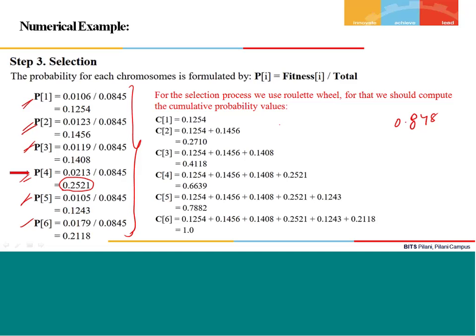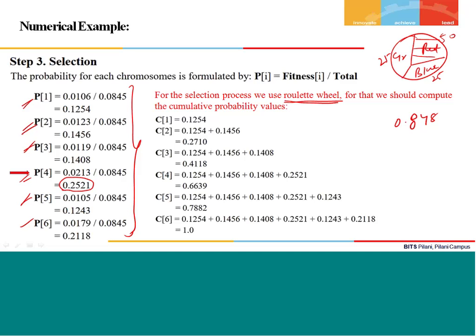There is a selection criteria, and there are different selection criteria. I want to discuss here the roulette wheel. So how do we implement the roulette wheel? If you go to a casino, you will see, let's say, a red color that takes 50%, a blue color, and a green color. This is 25% area, this is 25% area, and this is a 50% area.